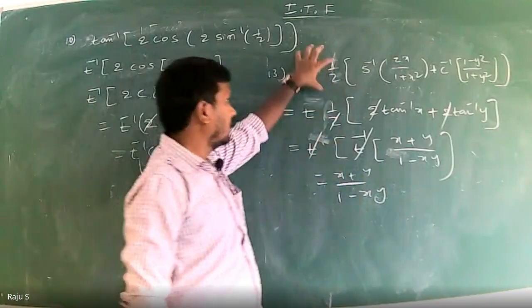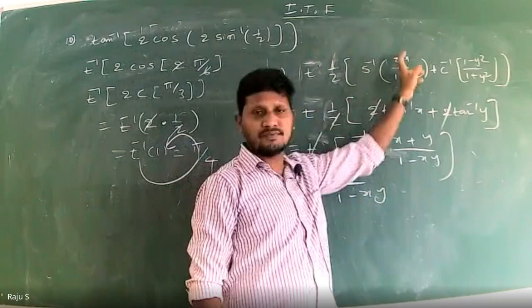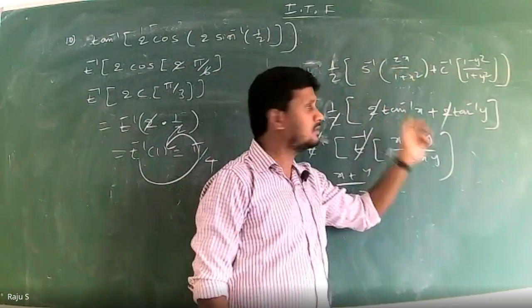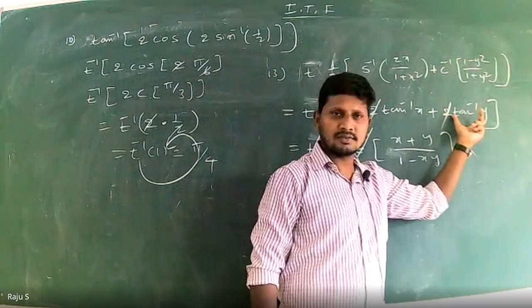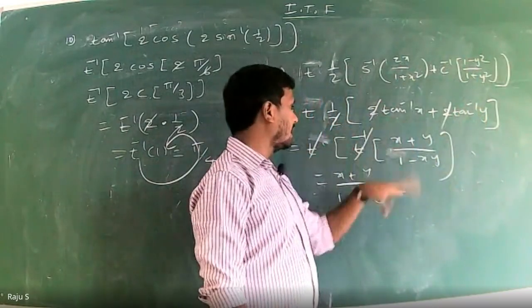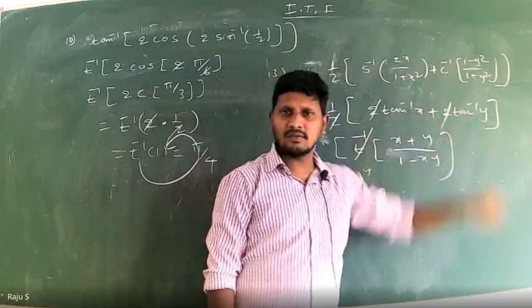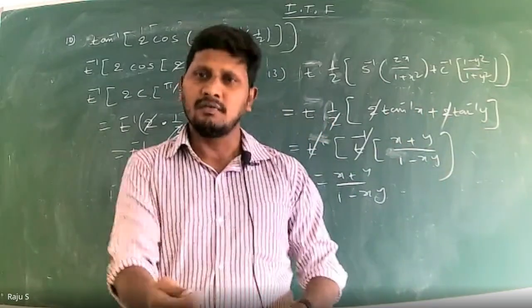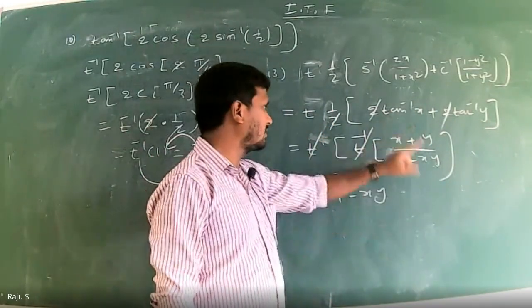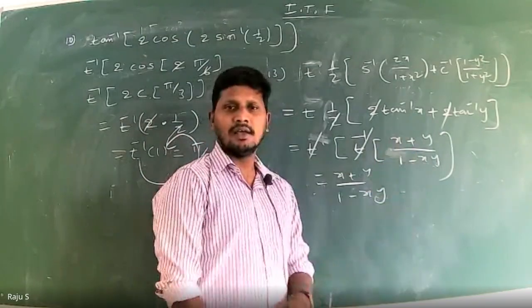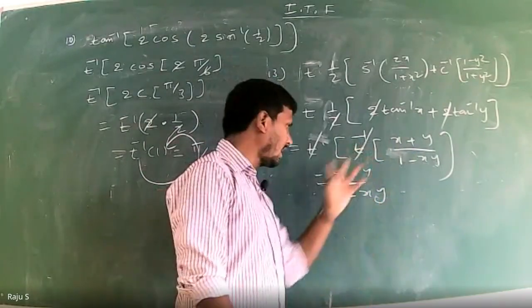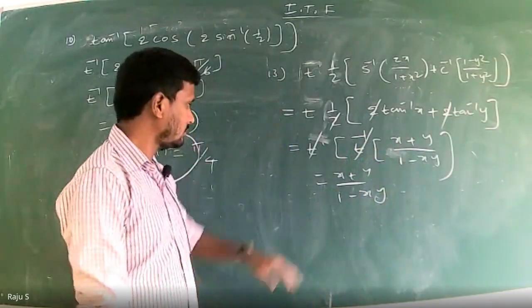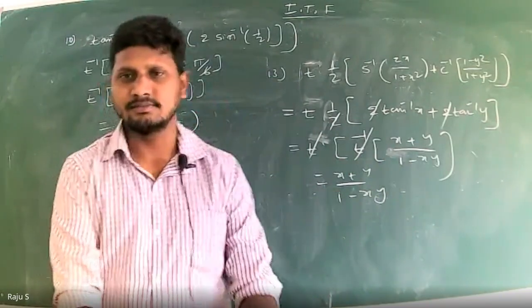Once again, tan of 1 by 2 sin inverse of this, the formula is 2 tan inverse x, and this is 2 tan inverse y. So the 2 gets cancelled, and it is in the form of tan inverse x plus tan inverse y. Tan inverse and tan cancel. Finally, this is the answer.